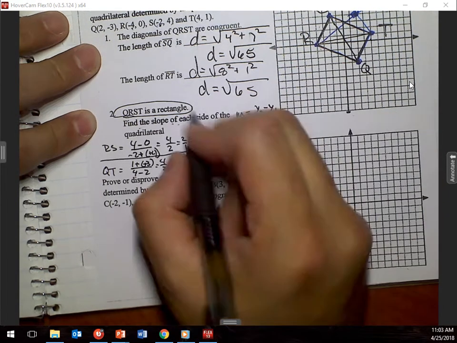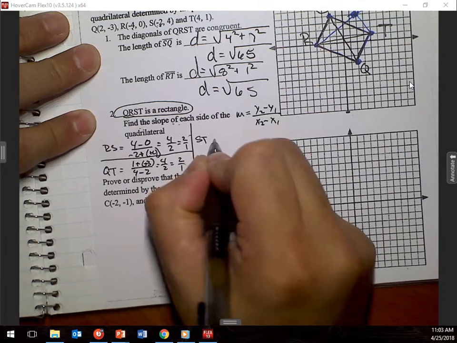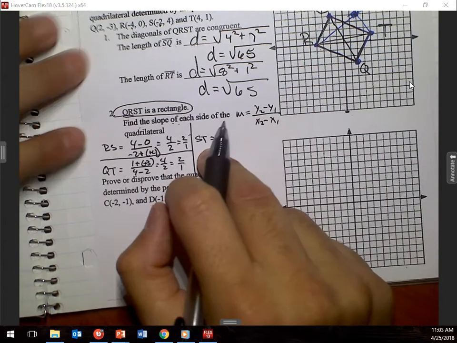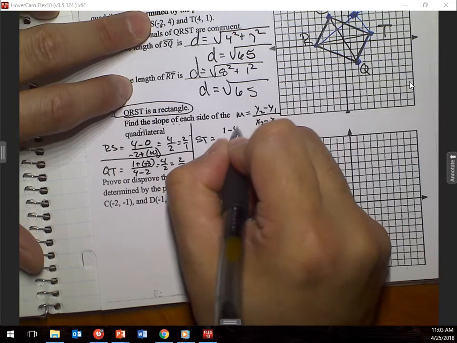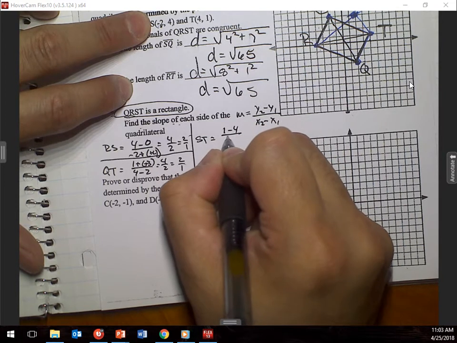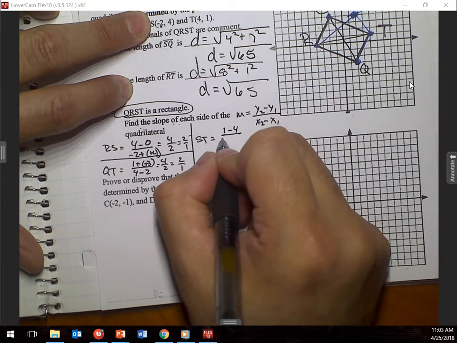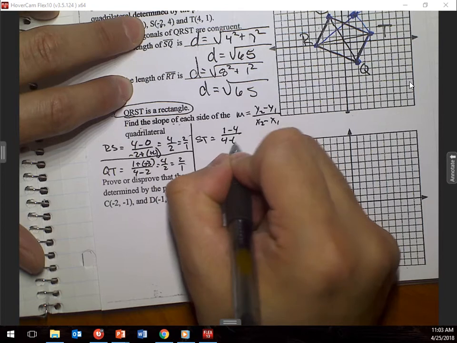ST. So T is my second one here. So that's 1 minus 4 over 4 minus -2.